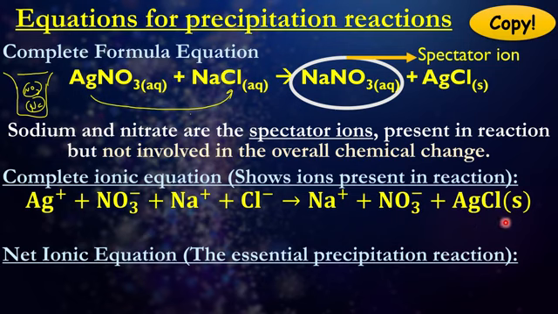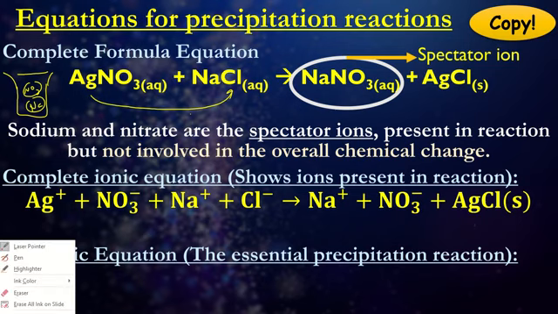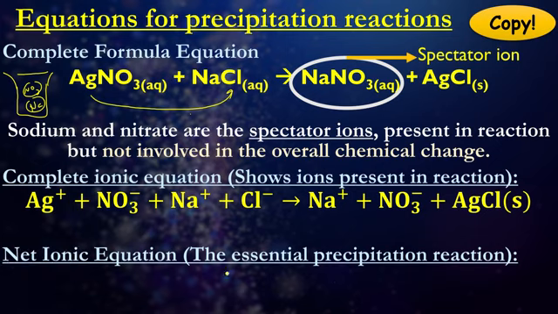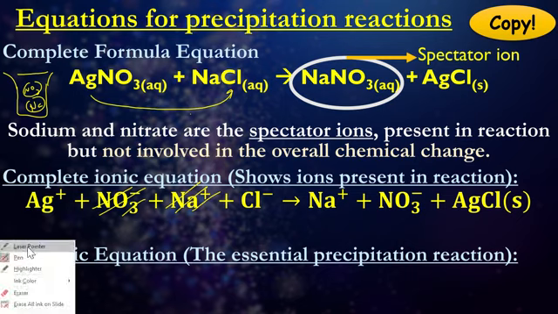The next thing we look at is the net ionic equation. So what are the essential bits in this reaction that actually matter? What actually occurred in this reaction? Well, we know that nitrate and sodium did not actually participate in the overall reaction. They were just spectators. They don't add any value to our understanding of the reaction.